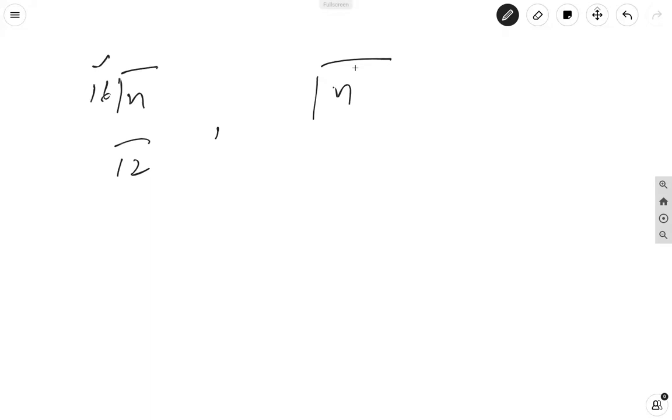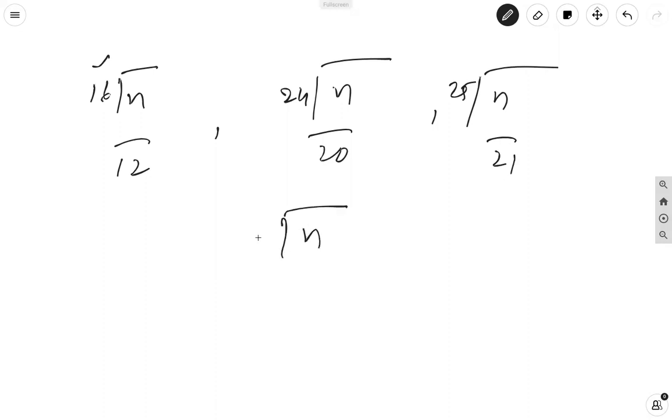If they sit in rows of 24, 20 students will be left out. If they sit in rows of 25, 21 students will be left out. And if they sit in rows of 30, 26 students will be left out. So the question is, what is the minimum number of students present in the school?